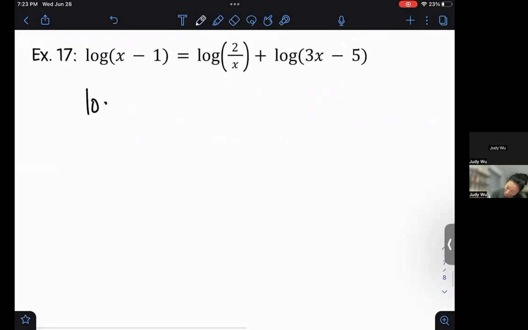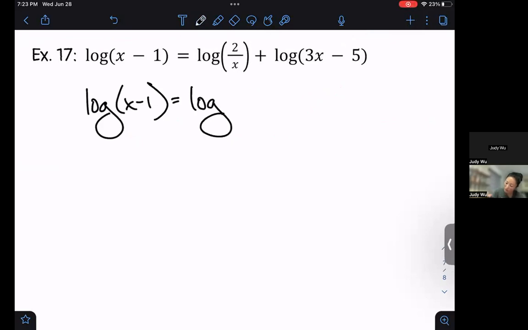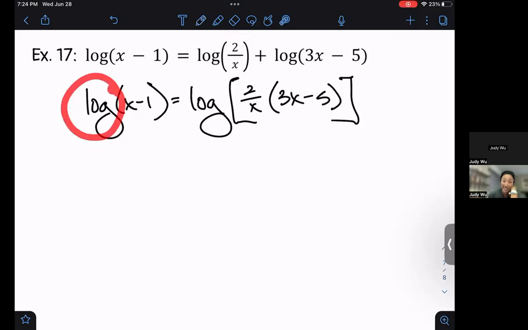So I have here log of x minus 1 equals log of, all right, I need to take this 2 over x and multiply it by 3x minus 5. Bracket 2 over x times 3x minus 5. All right. Now, here's why I chose this way. I got a log base 10 on this side, and a log base 10 on this side. This is just like the ones we started with back in video 3.